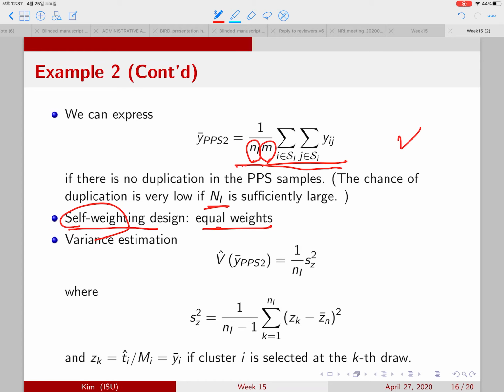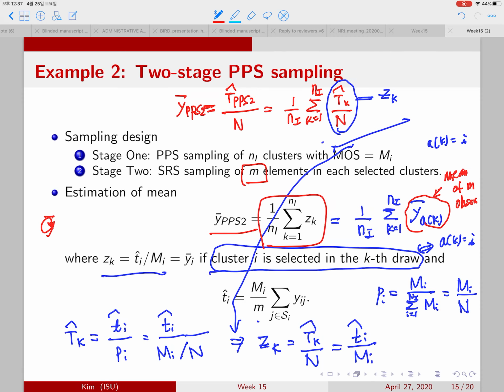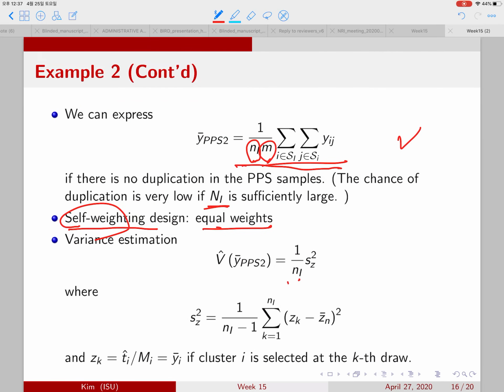And then variance estimation still uses the same simple formula, because this is the sample mean of the z's, where z is this y bar i. We just use 1 over n times s_z squared, the variance formula of the sample means.